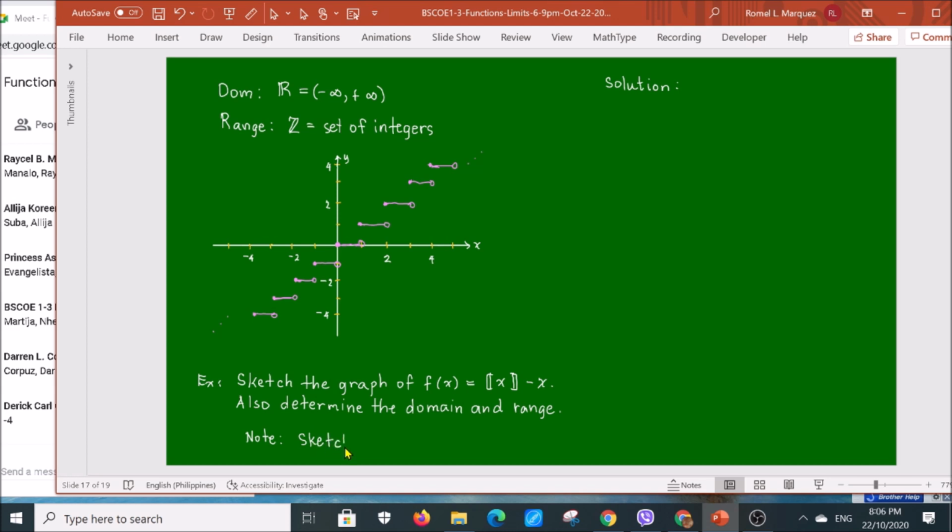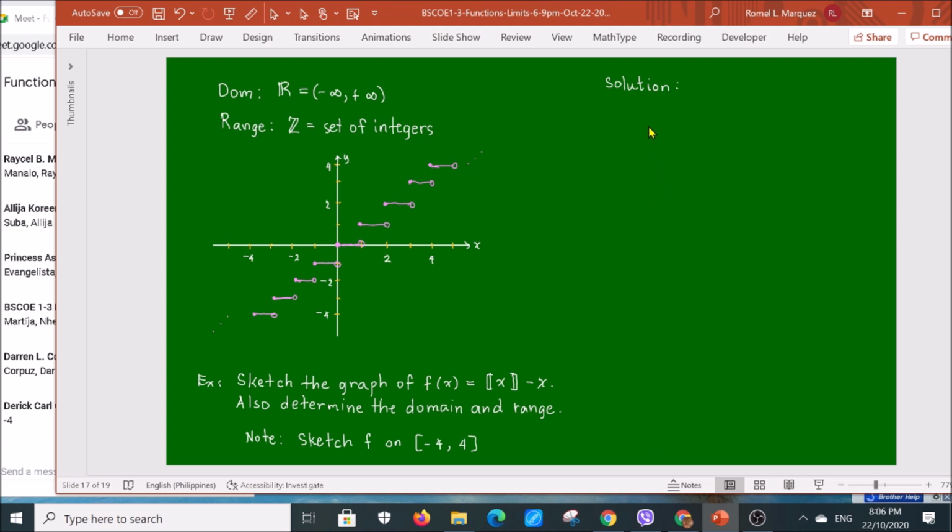Sketch f on the interval negative 4 to 4 only. I want the graph from negative 4 to 4 only. Okay? Because I cannot graph the whole thing like this. So we now have f of x. So let's define f of x.